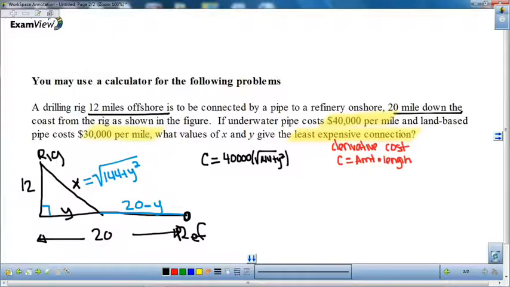That's going to be underwater, plus the land one. And the land's going to be 30,000 times 20 minus Y.